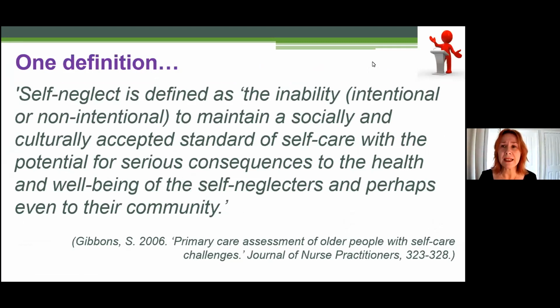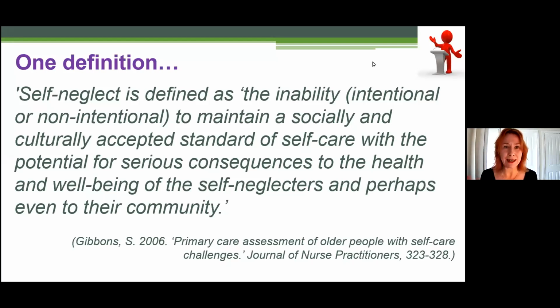It says that self-neglect is defined as the inability, whether intentional or non-intentional, to maintain a socially and culturally accepted standard of self-care with the potential for serious consequences to the health and well-being of the self-neglectors and perhaps even to their community. So there's a long definition, just one sentence, and there are lots of elements in it that we're going to unpick a little bit now and a little bit later.